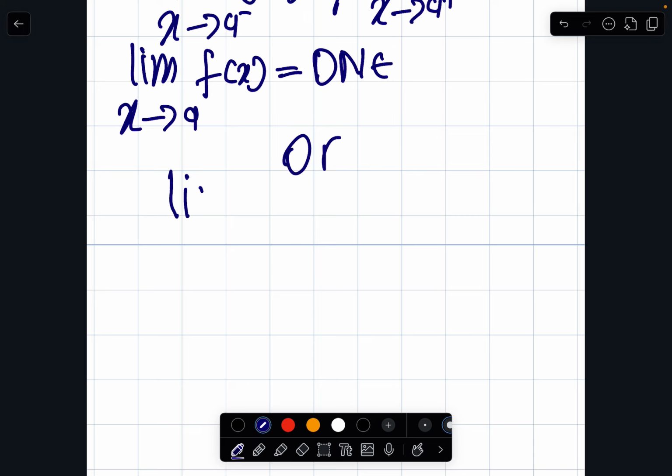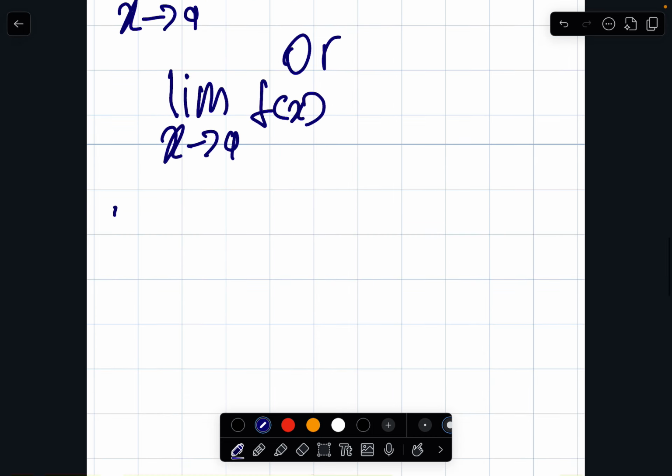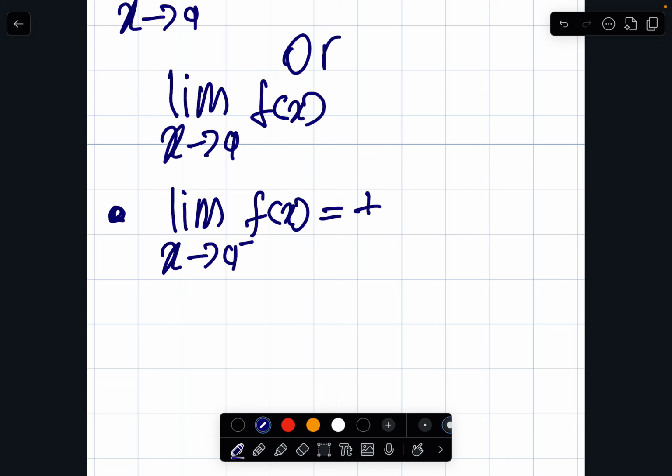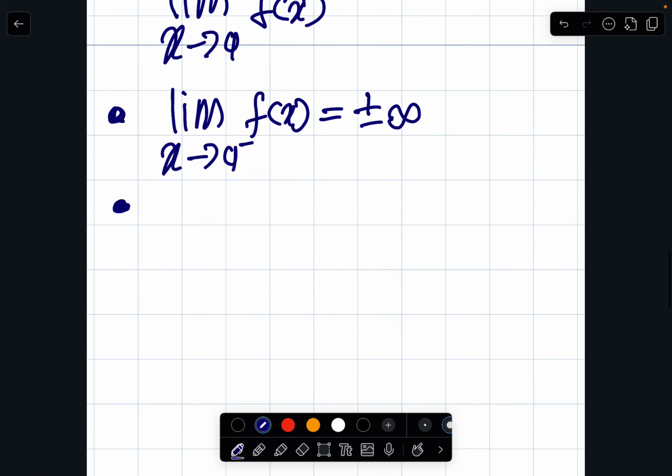Suppose you have the limit as x approaches a of f of x, ne? Point number 1, you say the limit from the left of a, of f of x, can be plus or minus infinity, ne? Then point number 2, the limit as x approaches a from the right of f of x can be what?